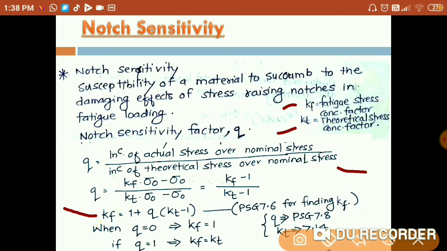If I put q equal to 0, then Kf becomes 1, and when I put q equal to 1, Kf becomes equal to Kt. You can find the value of q from PSG 7.8.